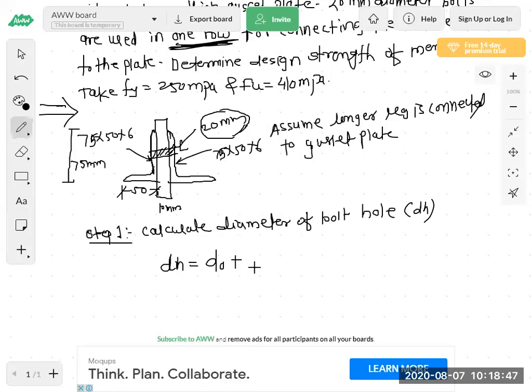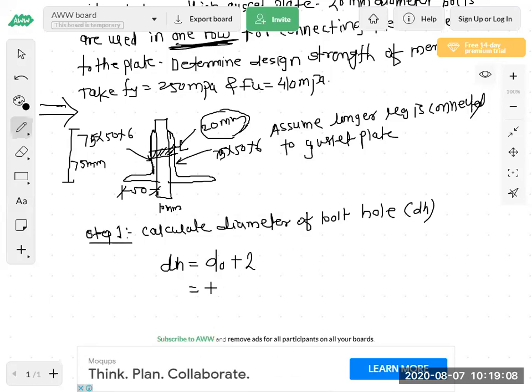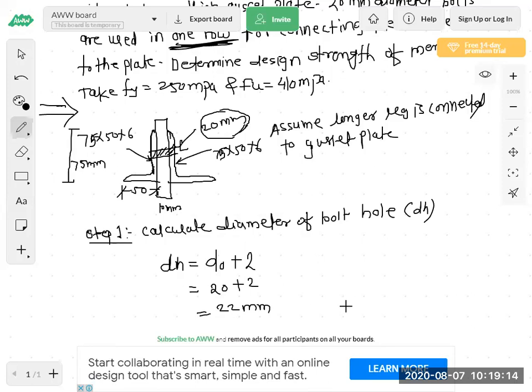So here we have to add 2. Okay. So D naught is 20. So 20 plus 2 is equal to 22 mm, which is the diameter of the bolt hole.